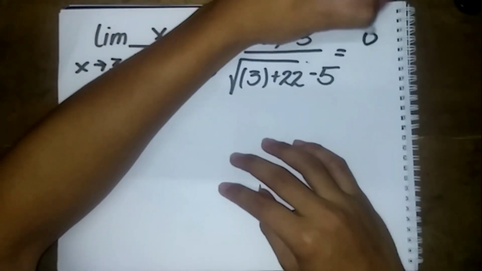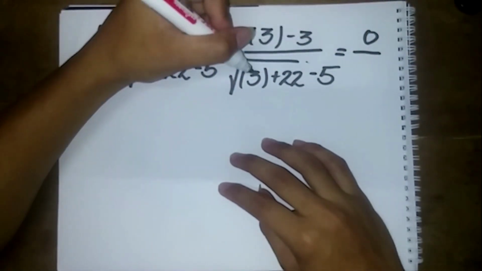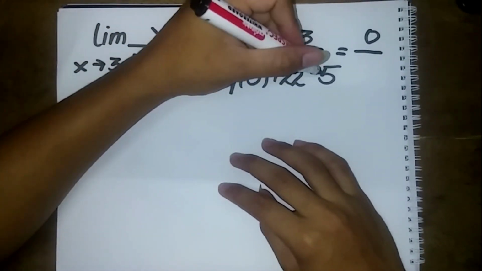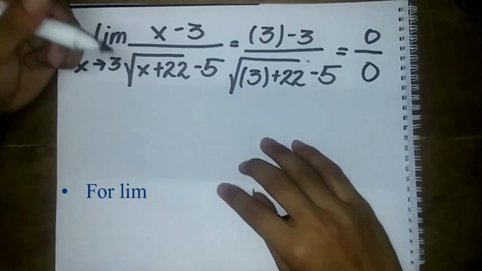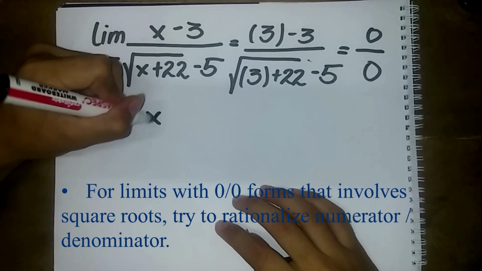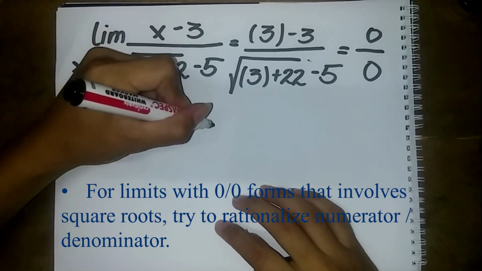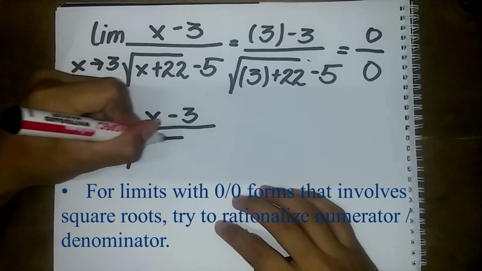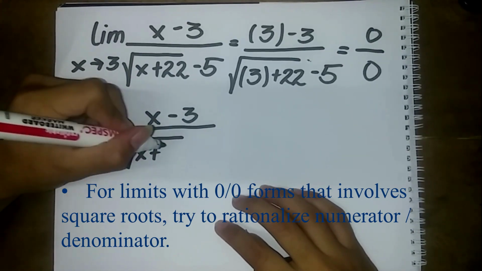So 3 minus 3 is equal to 0, and the square root of 25, or simply 5, minus 5 is equal to 0. So if we come up with 0 over 0, what we're going to use is the conjugate form.